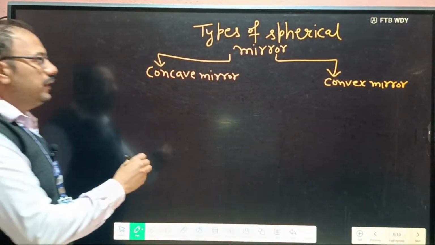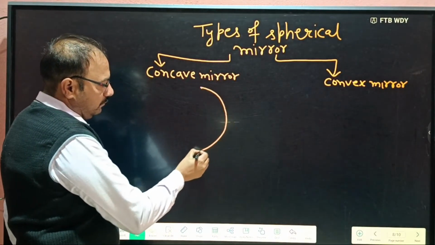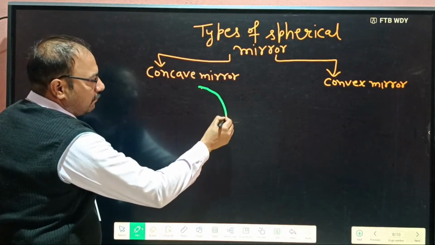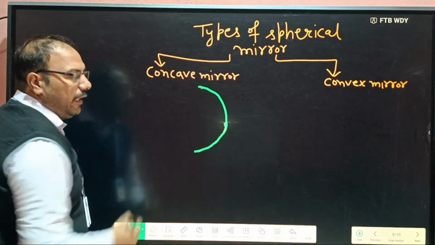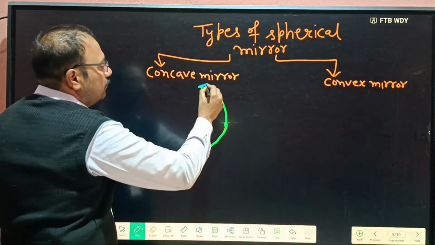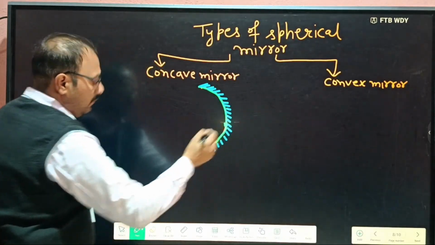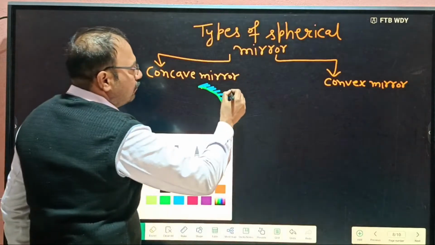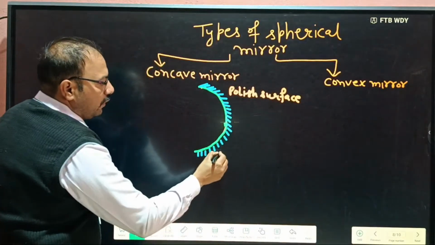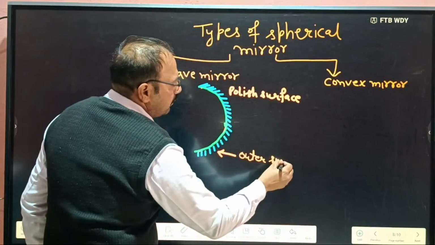In a concave mirror, we take a spherical part of the glass, and the outer surface is coated with paint or polish.